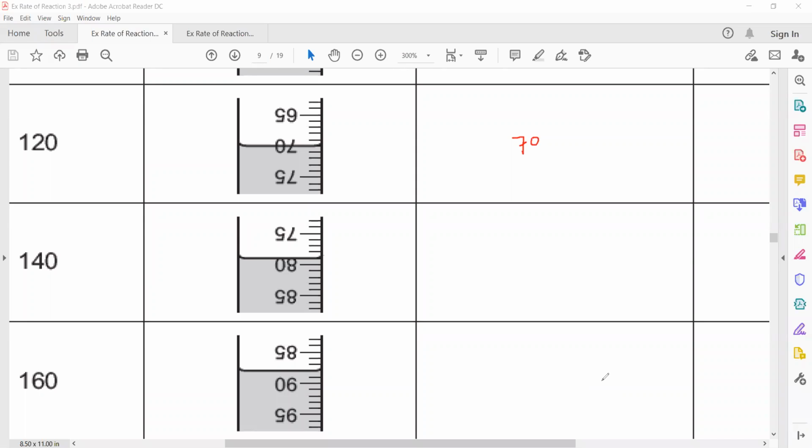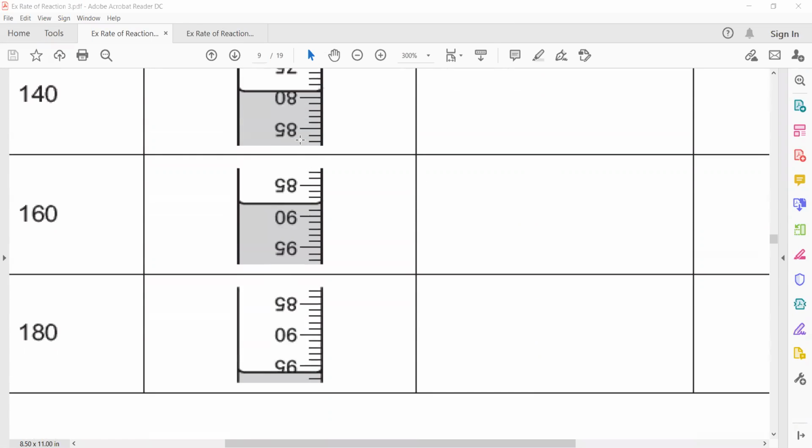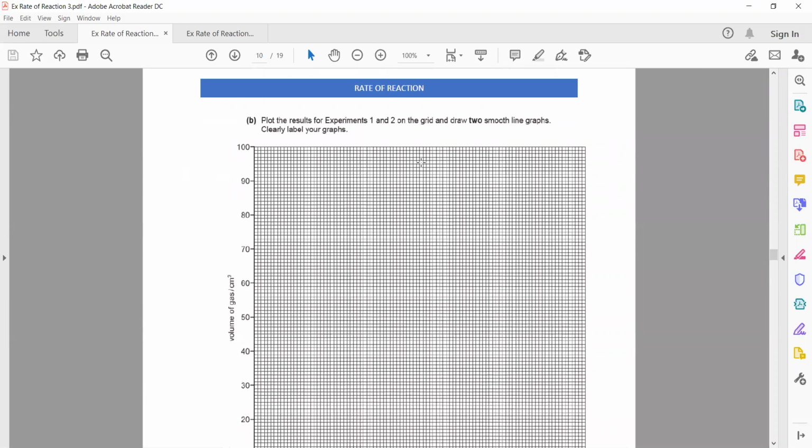After 140 seconds? 79. And then after 160 seconds, it is 88. So you have to complete these values. And after 180 seconds, it's about 96. So you have to complete these values, and after completing, plot a result for experiment 1 and 2.